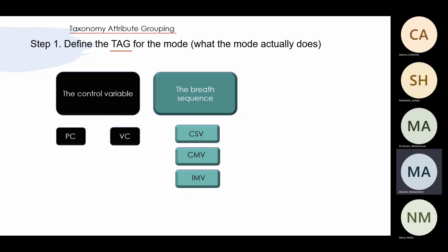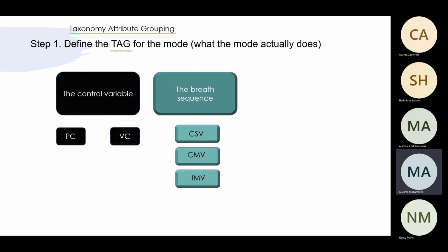So when I look at the duration of inspiration, it has to be exactly the same. Why is that? Because the machine is controlling this. However, if the machine is giving, let's say, 14 breaths per minute, and the patient is breathing 20, and the patient is on continuous mandatory ventilation, CMV, then the machine is 14 and the patient is 20.